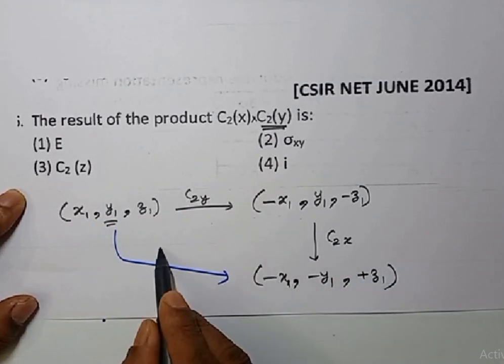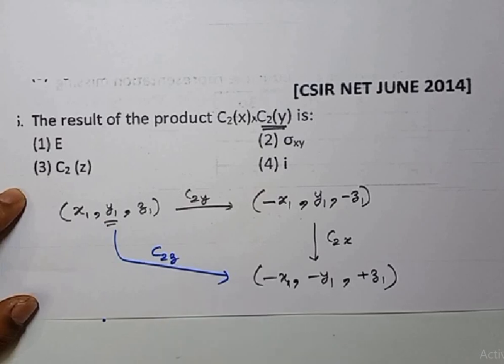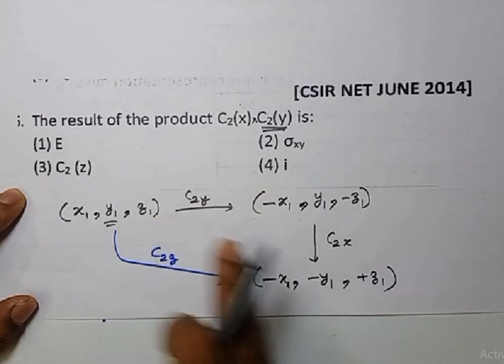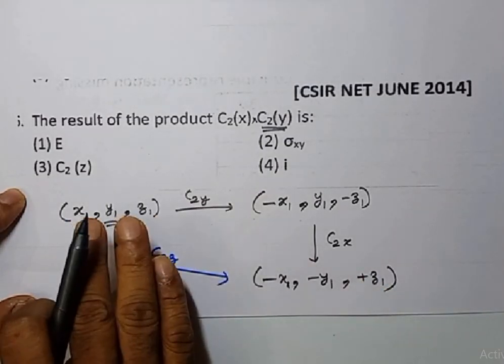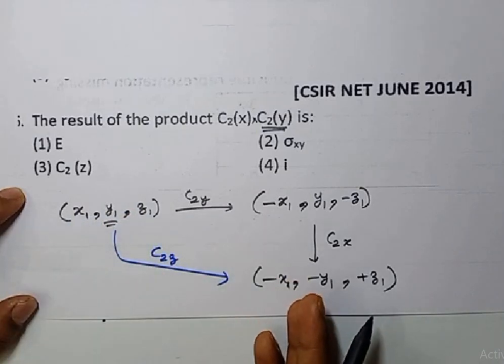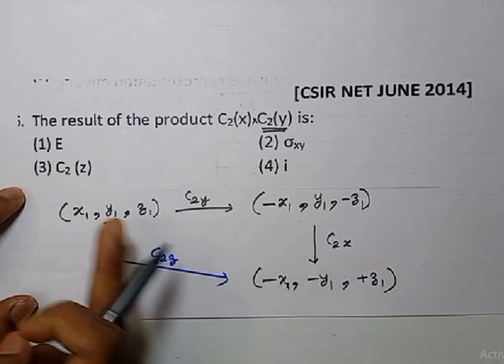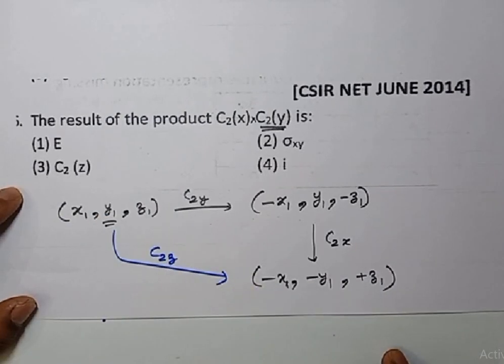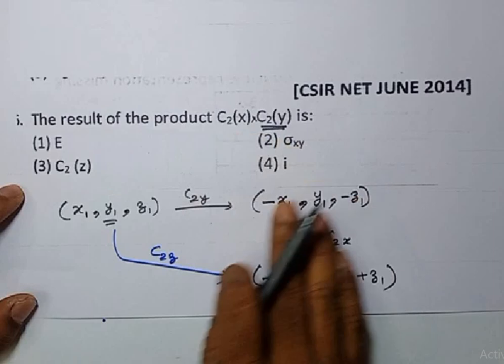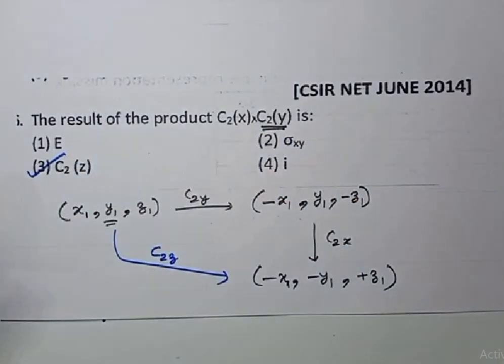That means you should rotate along the z-axis. If you rotate along the z-axis, z remains as such, and x and y change sign. We are rotating by 180 degrees, so they go exactly to the opposite side. That is the reason why they change sign. Therefore, the correct option among these is option 3. Right? Take 2.